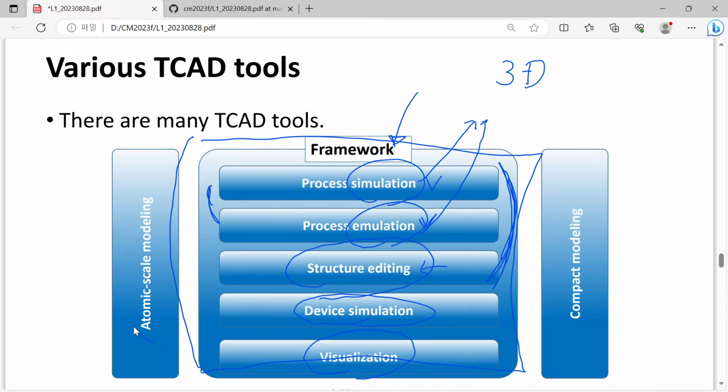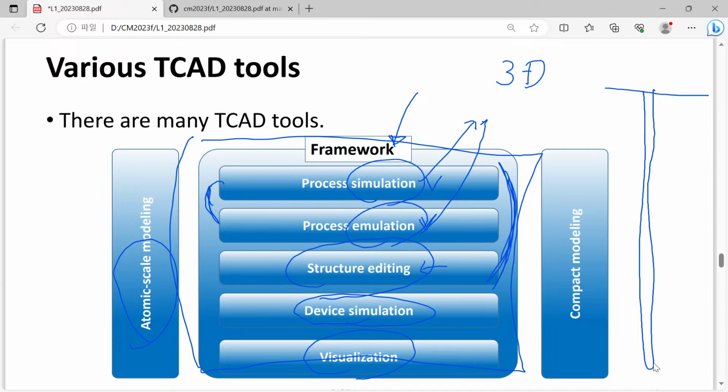For example, atomistic modeling. Atomistic modeling is especially important for process simulation. For example, if you deposit a certain kind of layer onto your semiconductor, or if you do an etching process, nowadays, in order to fabricate certain devices, usually you have to etch your silicon quite deep.